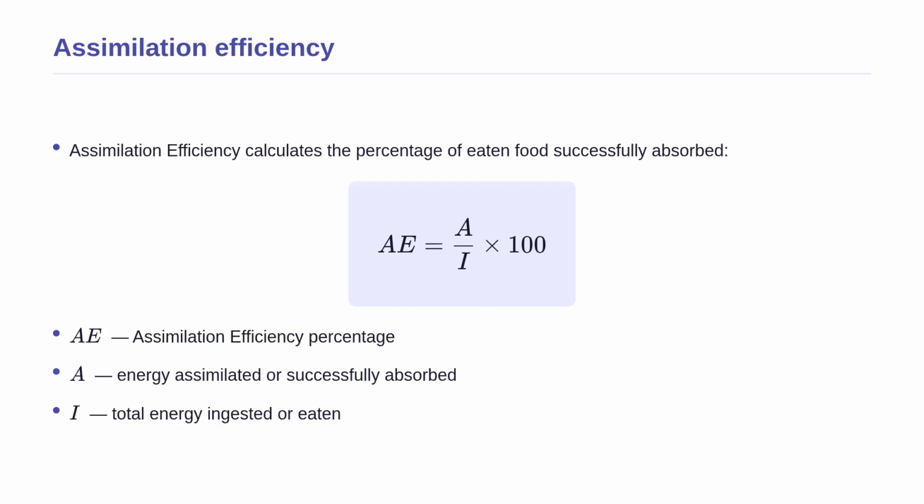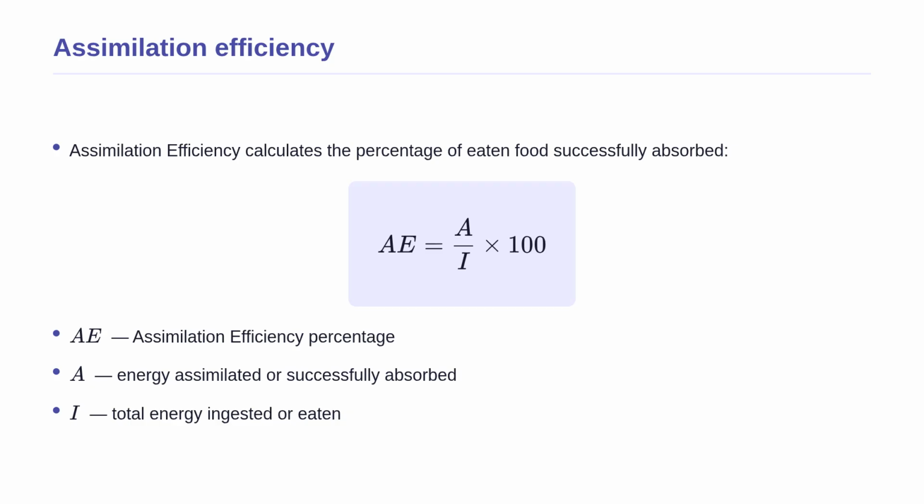In this equation, AE stands for assimilation efficiency, expressed as a percentage. The variable A represents the energy assimilated, meaning the energy successfully absorbed into the body. The variable I represents the total energy ingested, or the total amount of food eaten. We multiply by 100 to convert the decimal into a percentage.